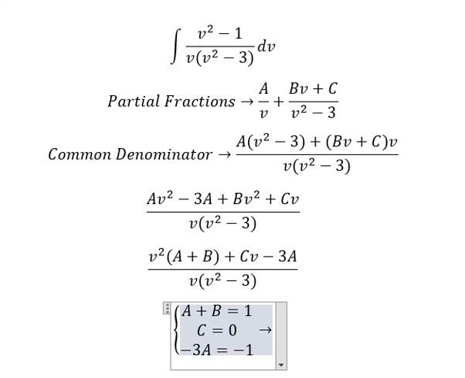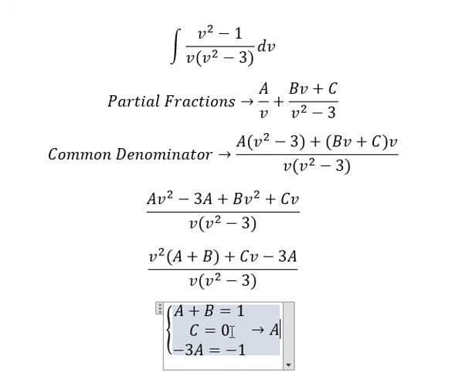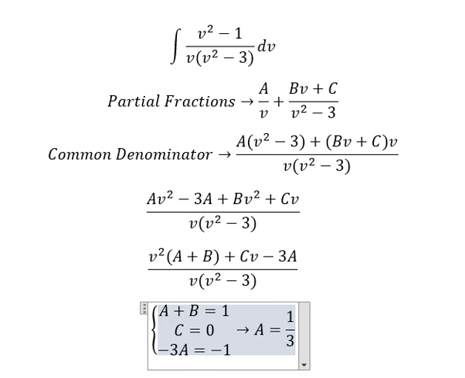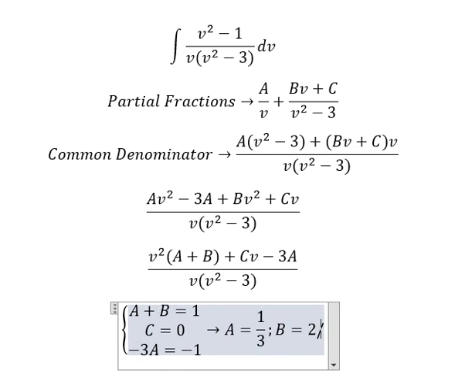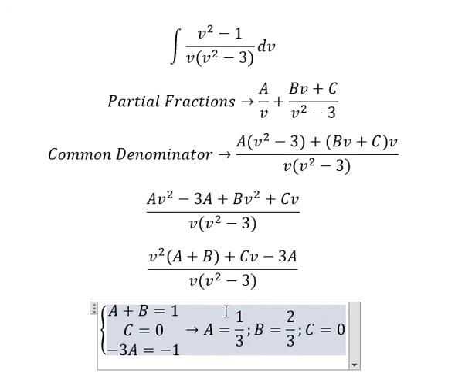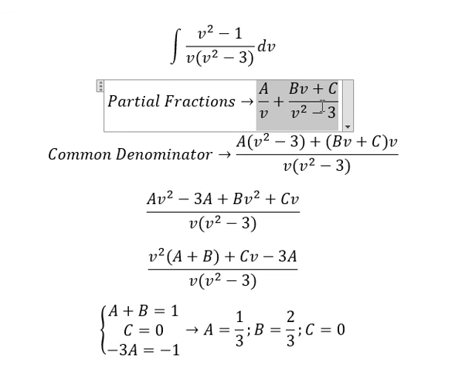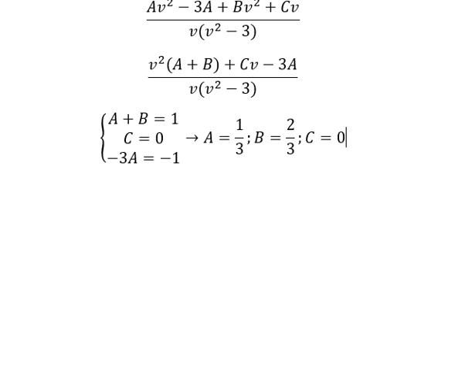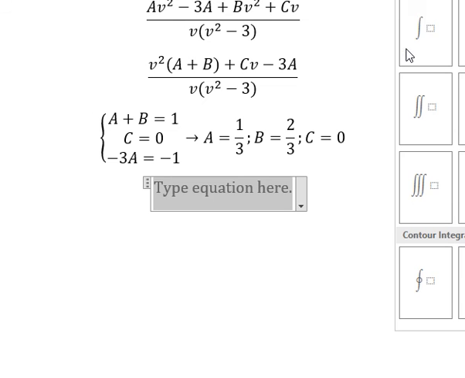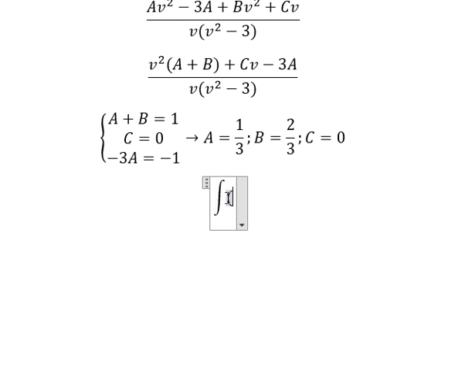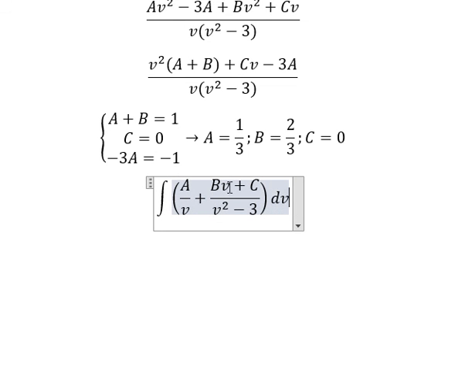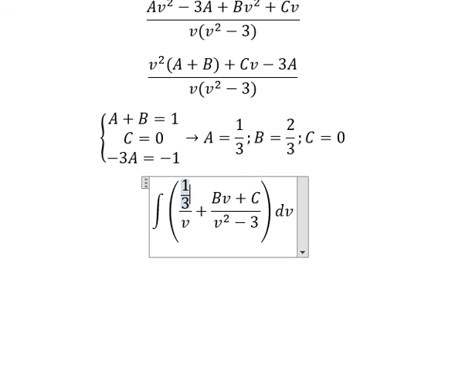So we find the solution of A, B, C. A equal to 1 over 3, B equal to 2 over 3, and C equal to 0. So we put the values in here. Capital A represents 1 over 3.